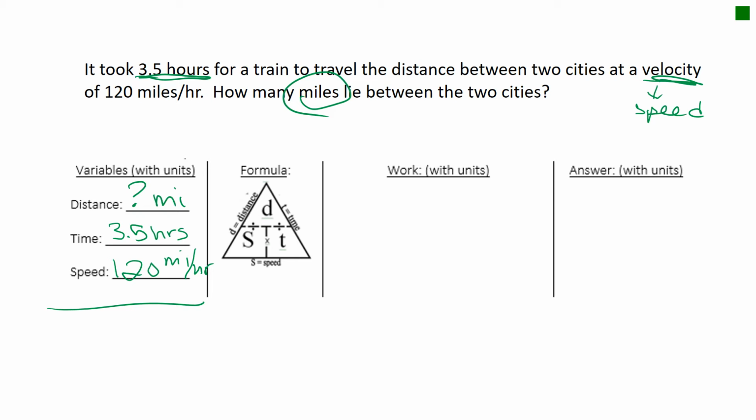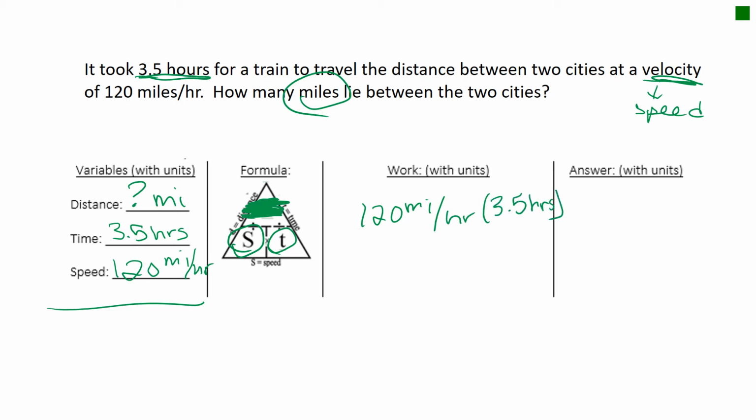On this formula, I want you to color in what you're solving for. In this case, I'm coloring in distance. So I'm going to take my speed times my time. My speed is 120 miles per hour, and I'm going to multiply by my time, which is 3.5 hours.